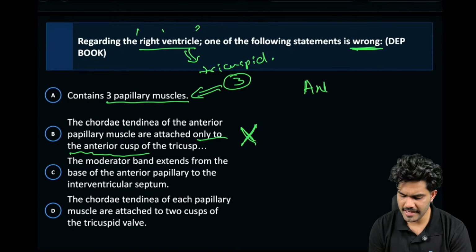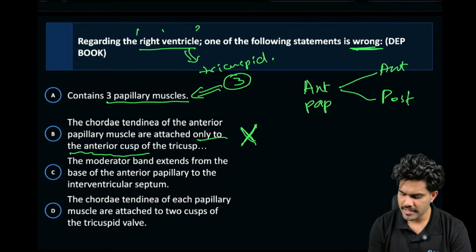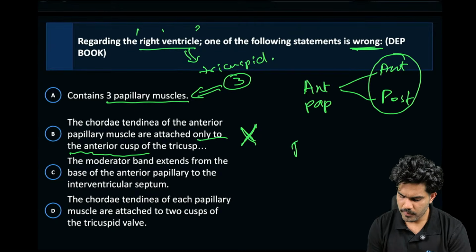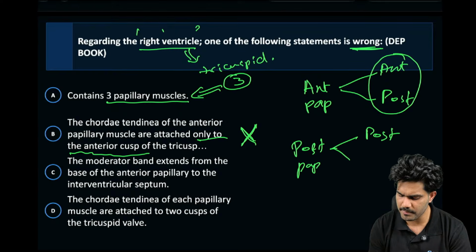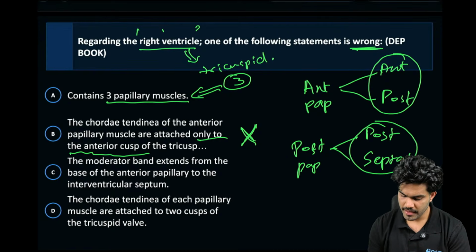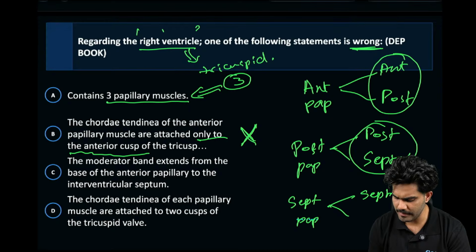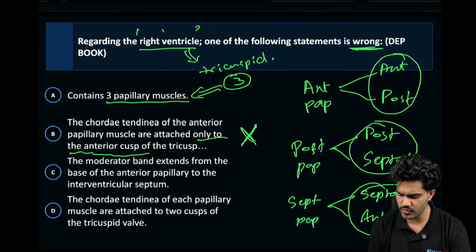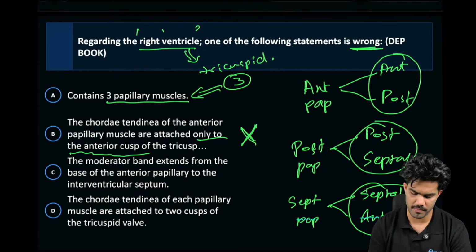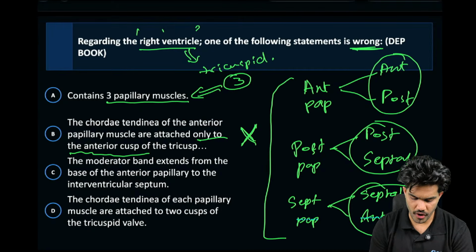The anterior papillary muscle is attached to the anterior cusp plus the posterior cusp. Focus here. The posterior papillary muscle is attached to the posterior plus septal. The septal papillary muscle is attached to the septal plus anterior. You have to remember this topic. So the wrong statement will be B.